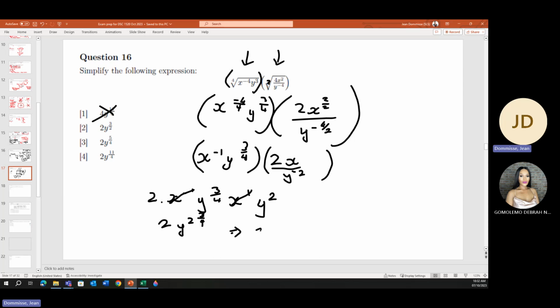Another way to write this then is to say 2y, 4 times 2 is 8, 8 plus 3 is 11, over 4. So if we make it proper and improper fraction, we see 2y^(11/4), which is option 4.